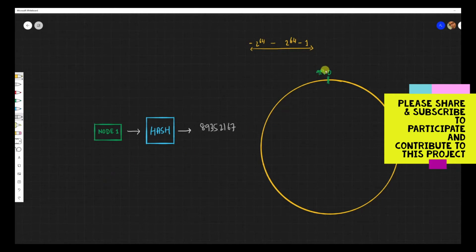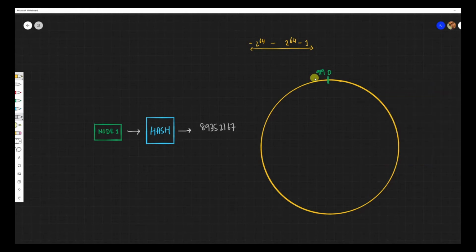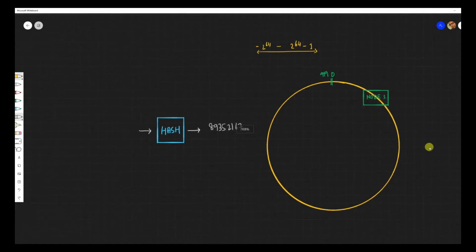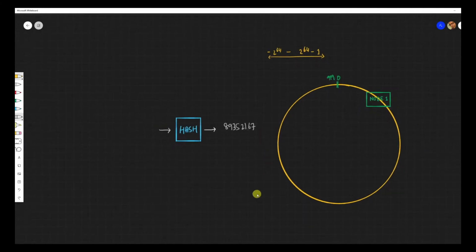So we do a mod with the size of the ring, and we get a number between 0 and 999, right? And we then place the node over here. We take this node and we place it in the ring. So let's say this node got a value of say 20. Just for the sake of simplicity, let's imagine this node got a value of 20.